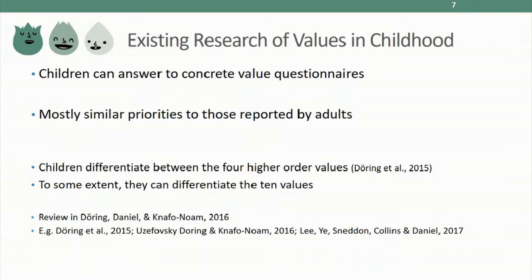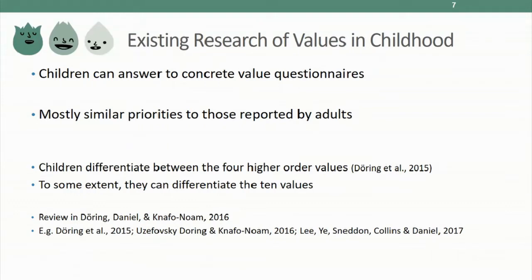If adults report self-enhancement values as quite low in importance, so do children. Children are quite stable in their preferences, and with age they become more stable. If they are asked again a year later, we usually find test-retest associations. We find gender differences that are similar to those found among adults.